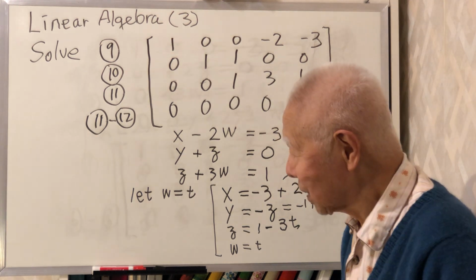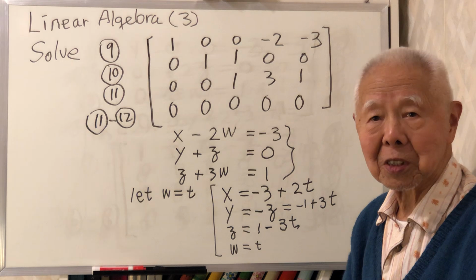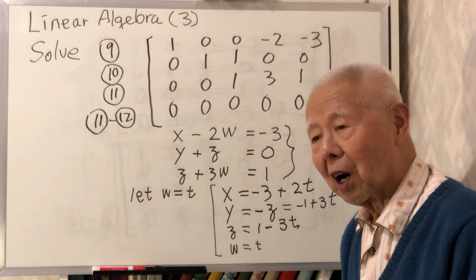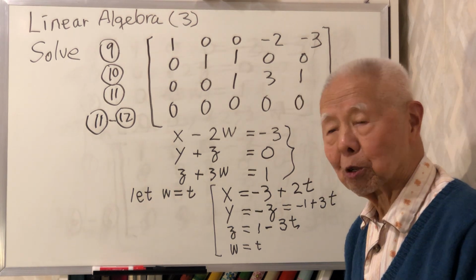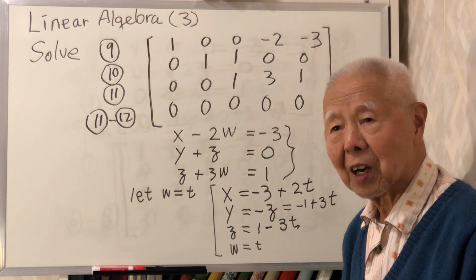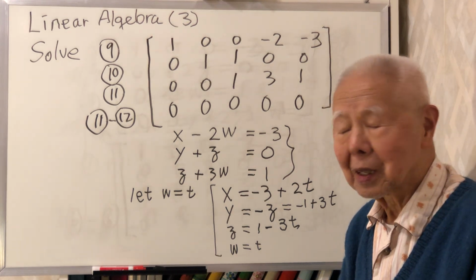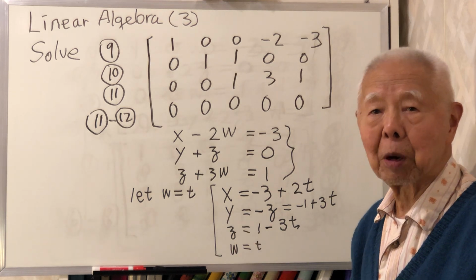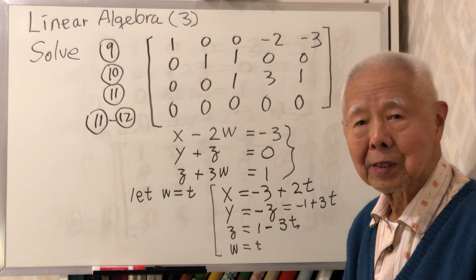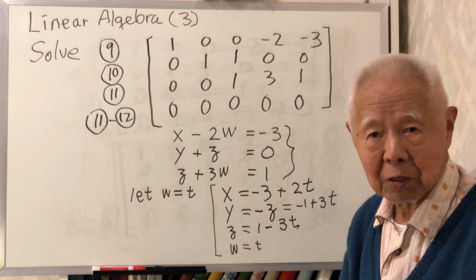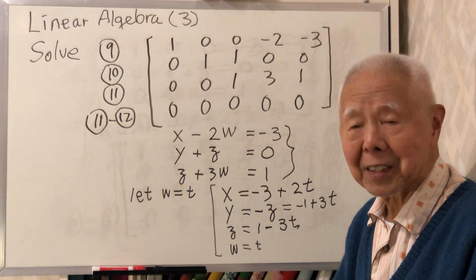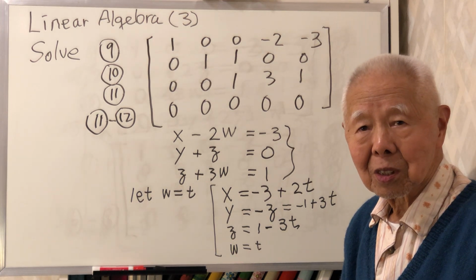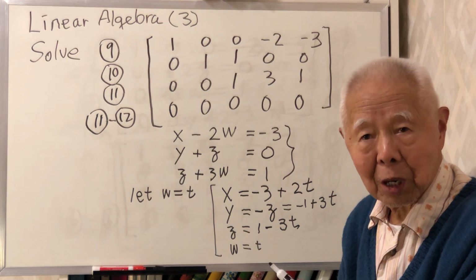Okay. So today I have some examples. One of the examples showed that I have no solution. And this example shows that I have an infinite number of solutions. When I have no solution, what I get is 0 equals a number.